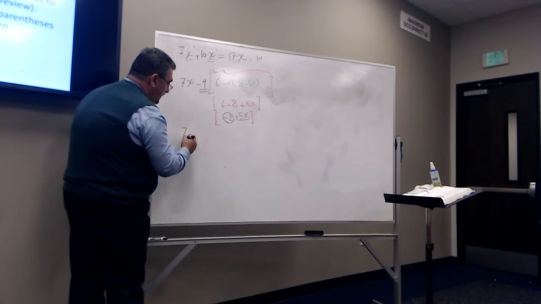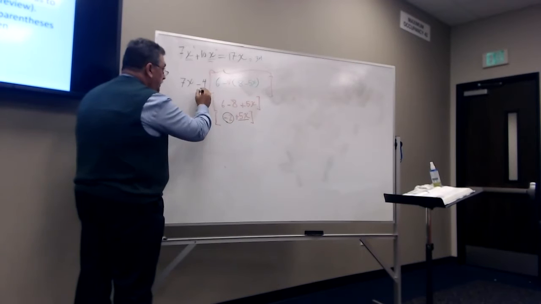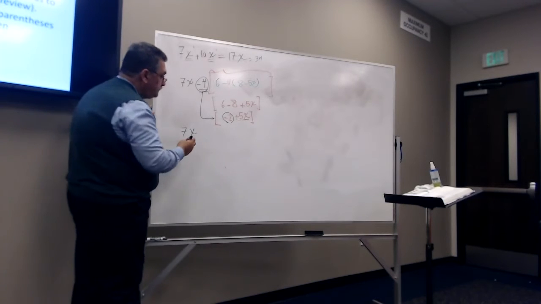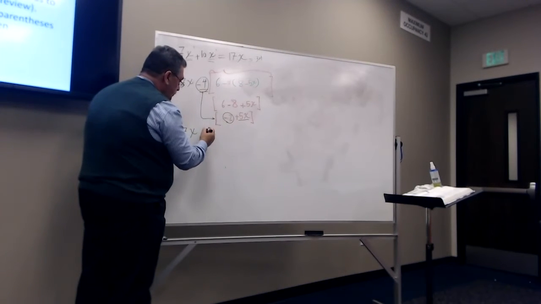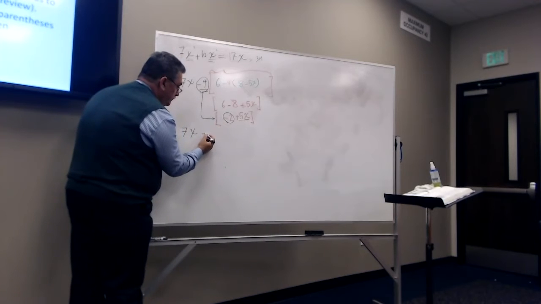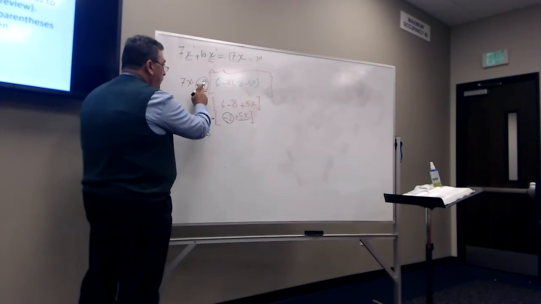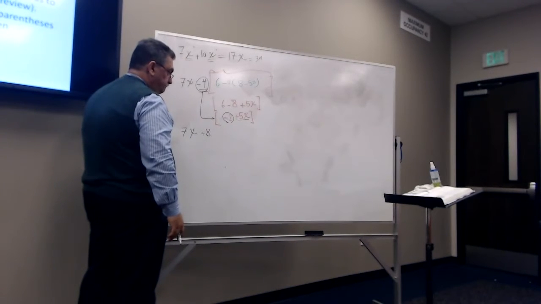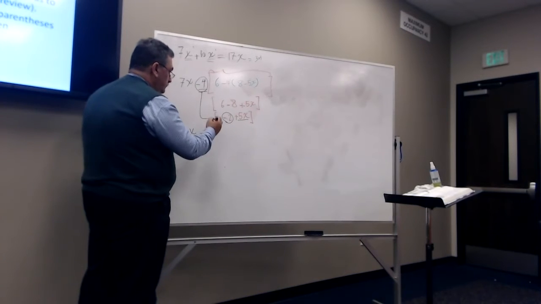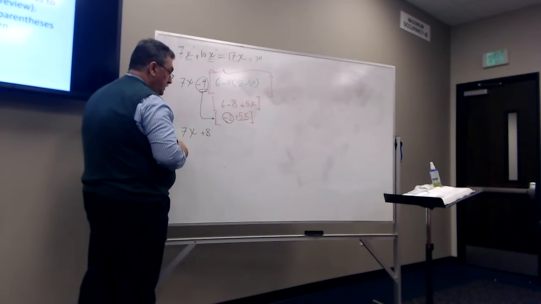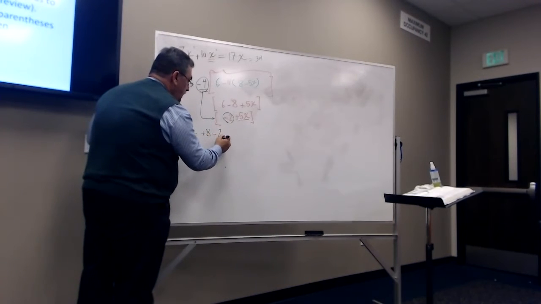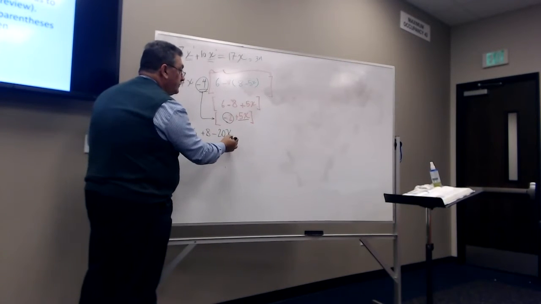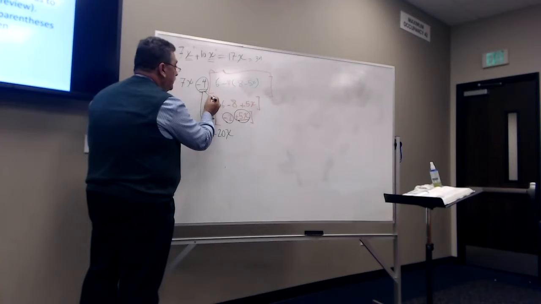So you have 7x. Then you have to multiply this with minus 4 here. Minus 4 times minus 2, and minus 4 times plus 5x, which is negative 20x.